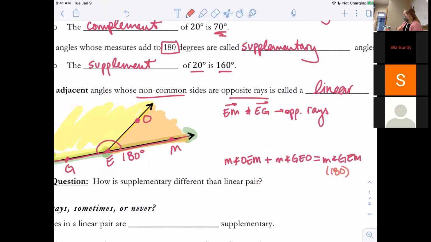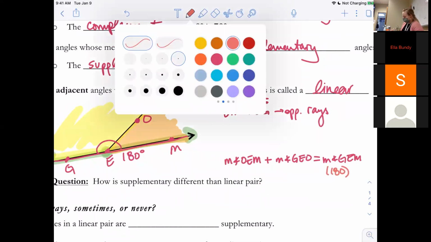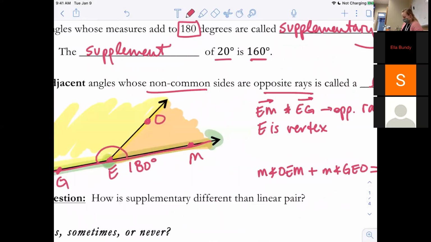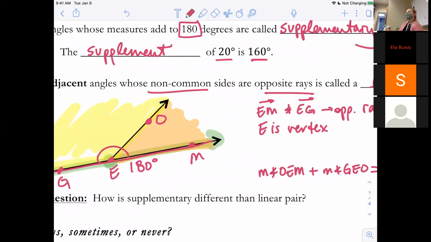One other thing before we move on, what's my shared vertex of these adjacent angles? E, very good. E is in elephant. E is vertex. And what's my shared side? What's the side that the two angles butt up against?